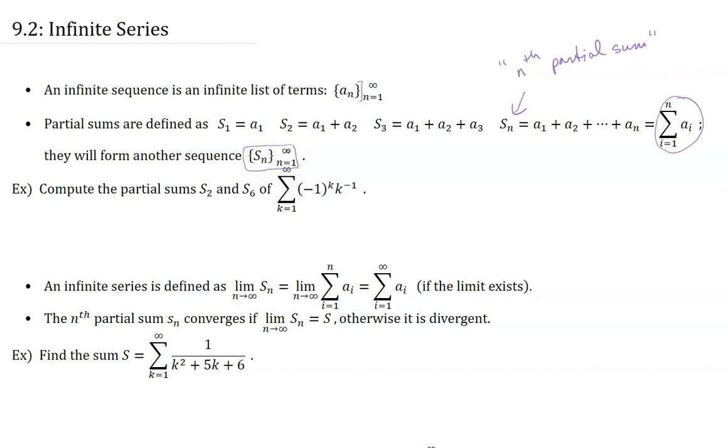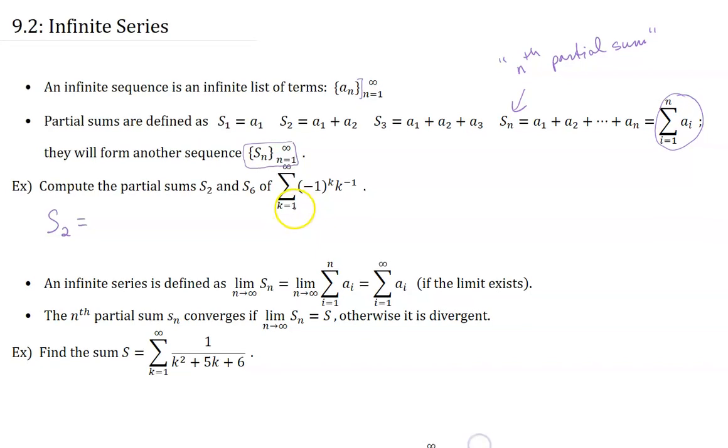All right, so for this example, we have this summation notation, and we are going to compute the partial sums S sub 2 and S sub 6. So S sub 2 means I want the first term plus the second term. Here I do need to pay attention to what the index starts at. It tells me that the index starts at 1. If this was a 0, then the first number I would plug in would be a 0.